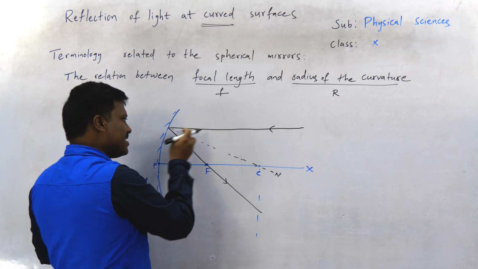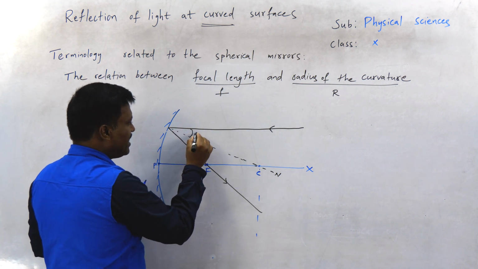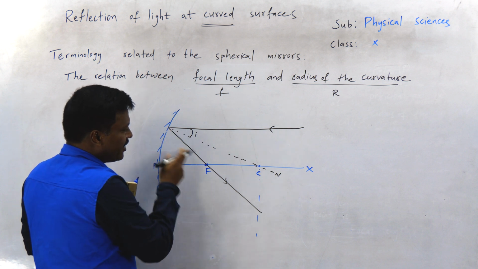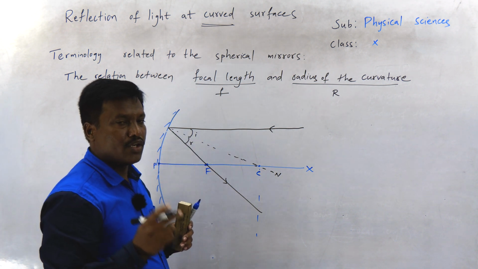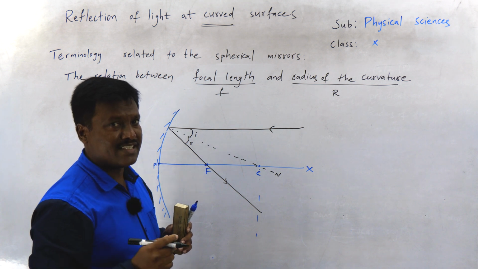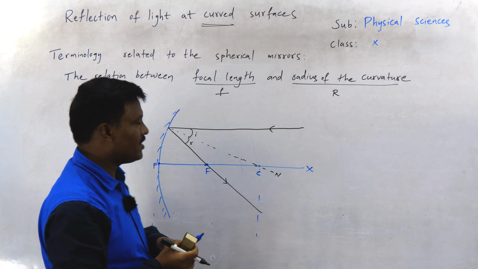The angle between the incident ray and normal is called angle of incidence. The angle between the normal and reflected ray is called angle of reflection. Light always obeys two laws. The second law is angle of incidence is equal to angle of reflection.